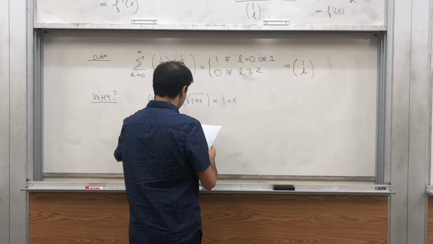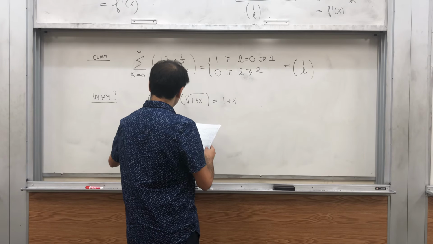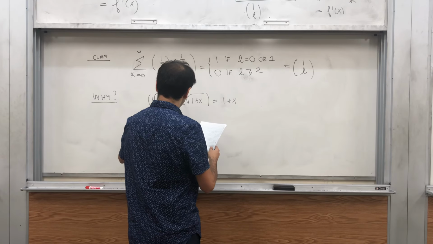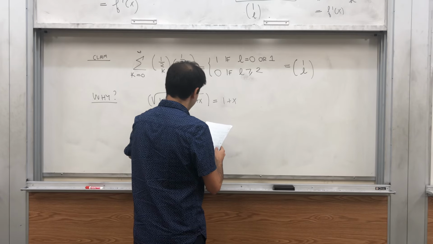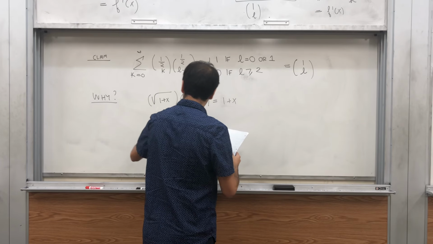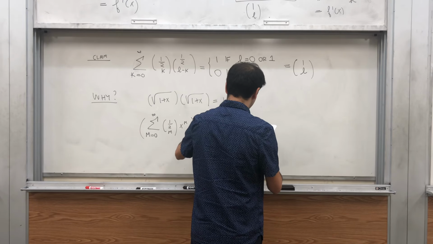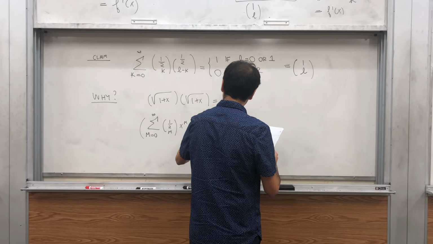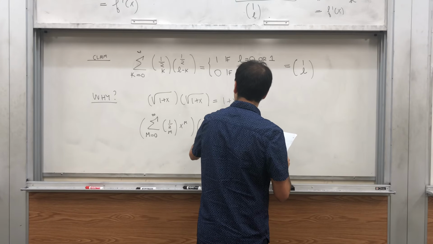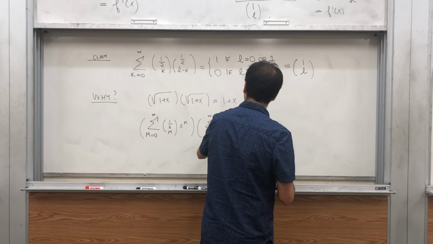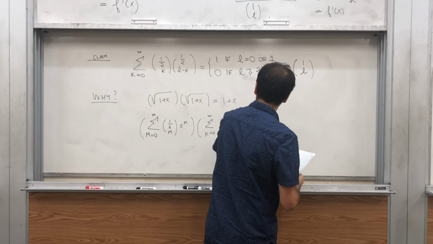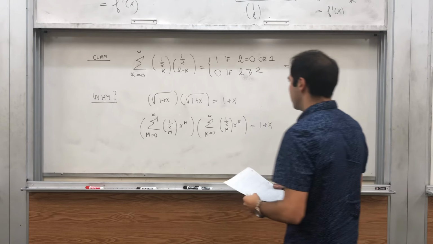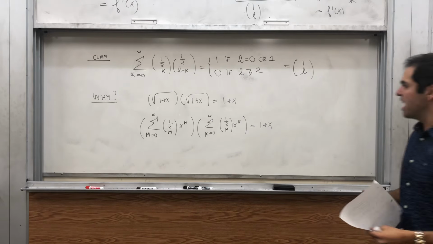So this is really the sum from m from 0 to infinity of 1/2 choose m times x to the m. And this is the sum, let's say from k from 0 to infinity, of 1/2 choose k x to the k. And we know that this is 1 plus x. Then just expand everything out.